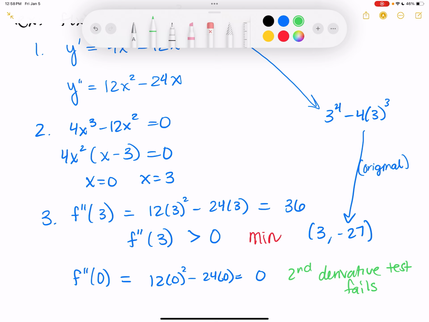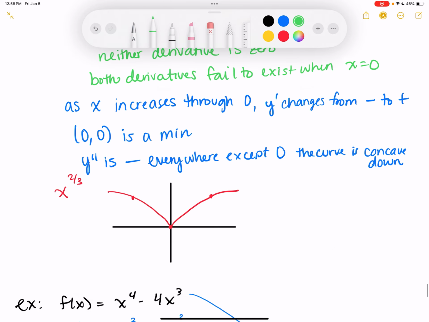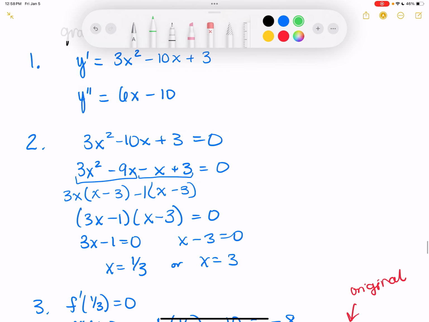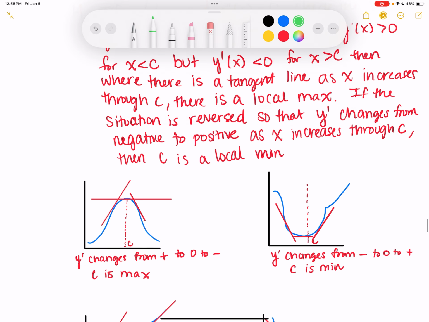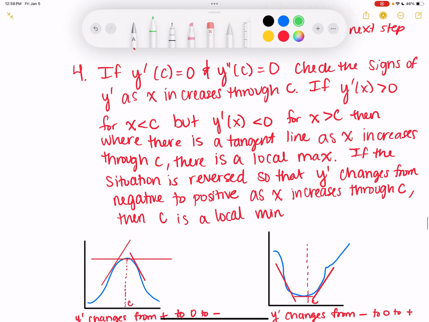So that means that I need to go through and check. We don't know if it's a local max or a min, so I'm going to use step 4. I'm going to go up and re-look at step 4 so that we can see what we're going for. If y prime of c is equal to 0 and y double prime of c is also equal to 0, then we're going to look at the signs of y prime, the first derivative, as x increases through c.